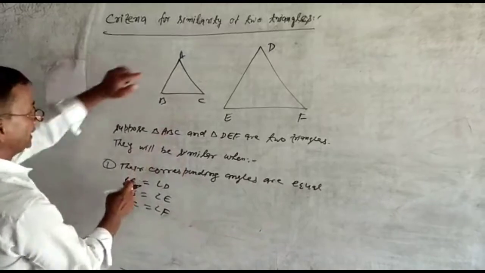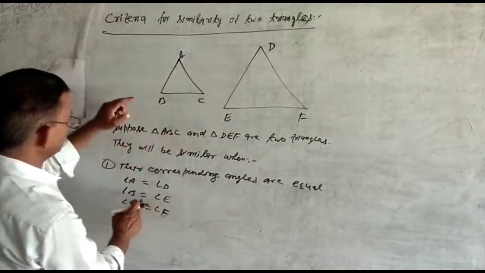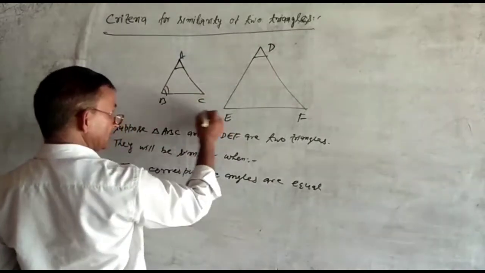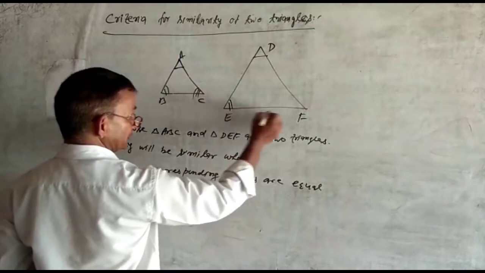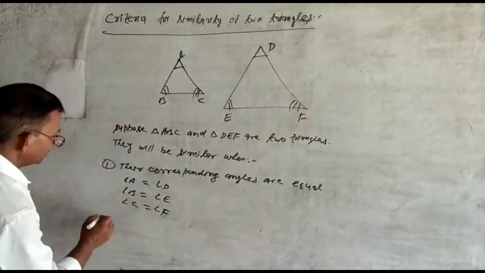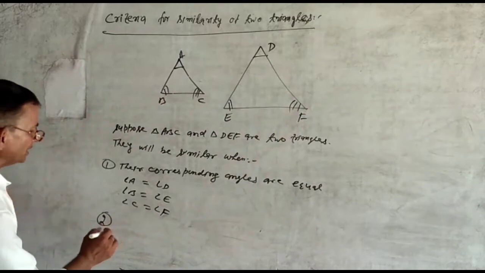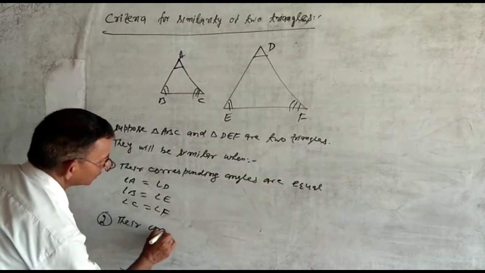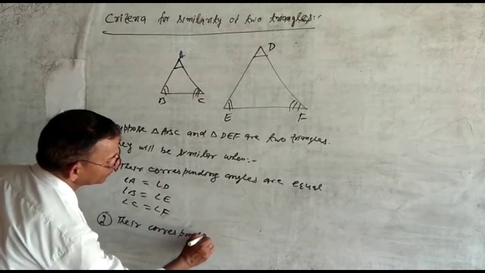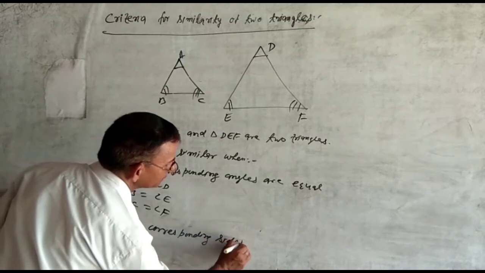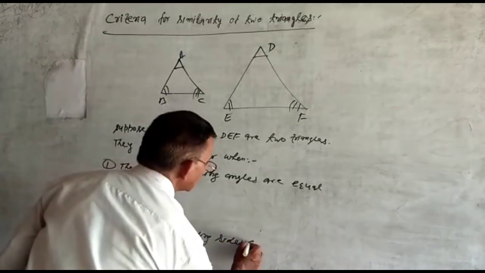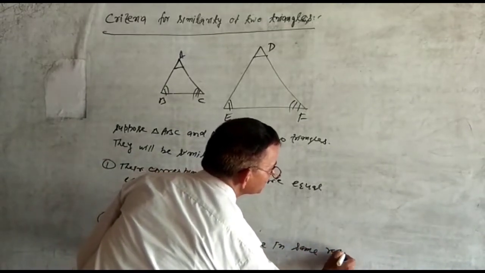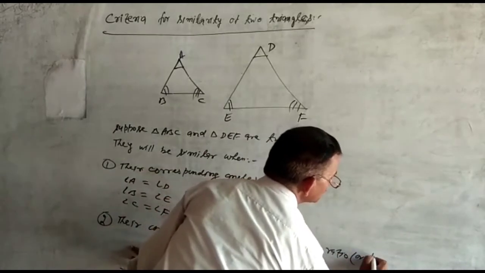By figure, angle A equal to angle D, angle B equal to angle E, and angle C equal to angle F. Number two, their corresponding sides are in the same ratio or proportion.